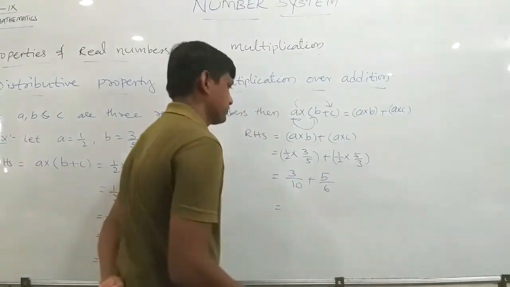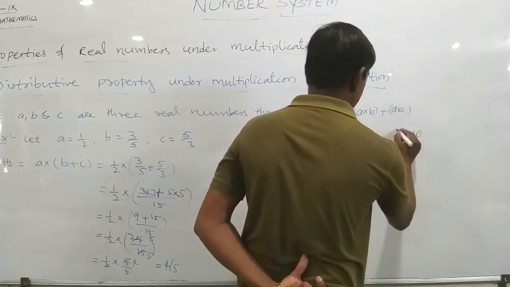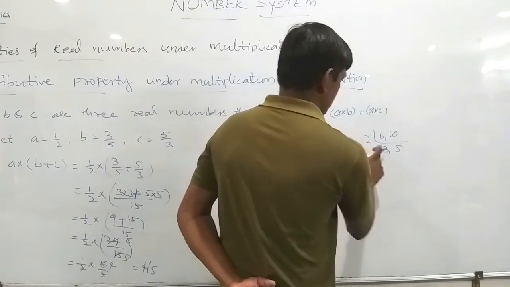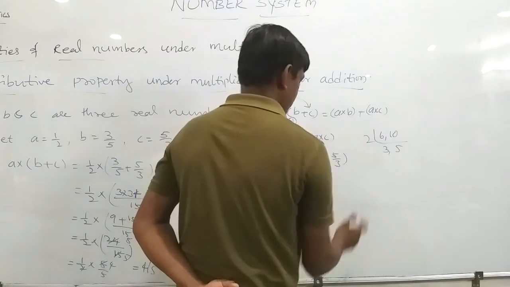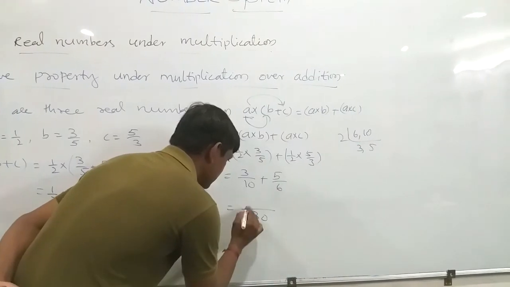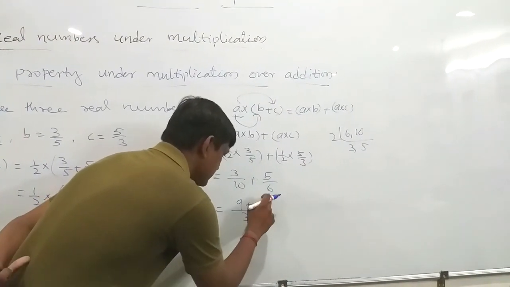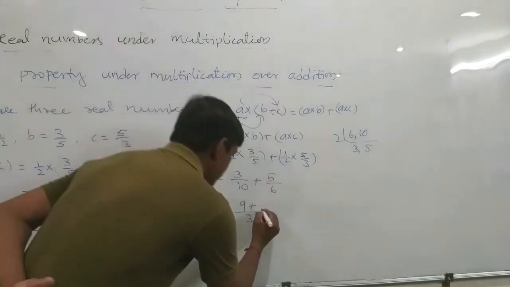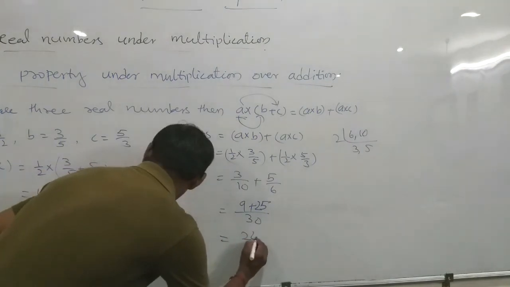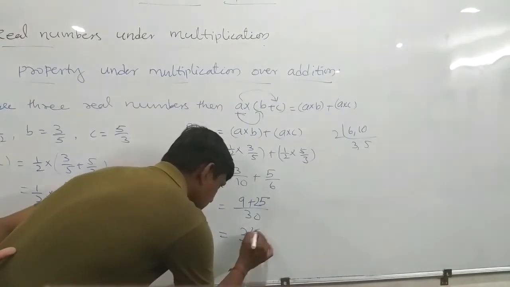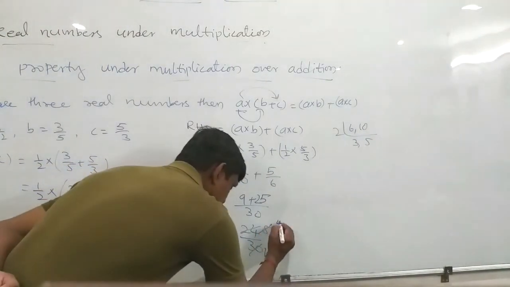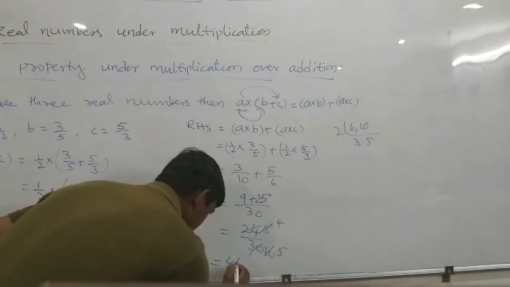The LCM of 10 and 6: 2 3s are 6, 2 5s are 10, so 3 5s are 15, 15 2s are 30. 30 by 10 is 3, 3 into 3 is 9, plus 30 by 6 is 5, 5 into 5 is 25. So again 24 by 30, 3 8s are 24, 3 10s are 30. So 2 4s are 8, 2 5s are 10. The answer is 4 by 5.